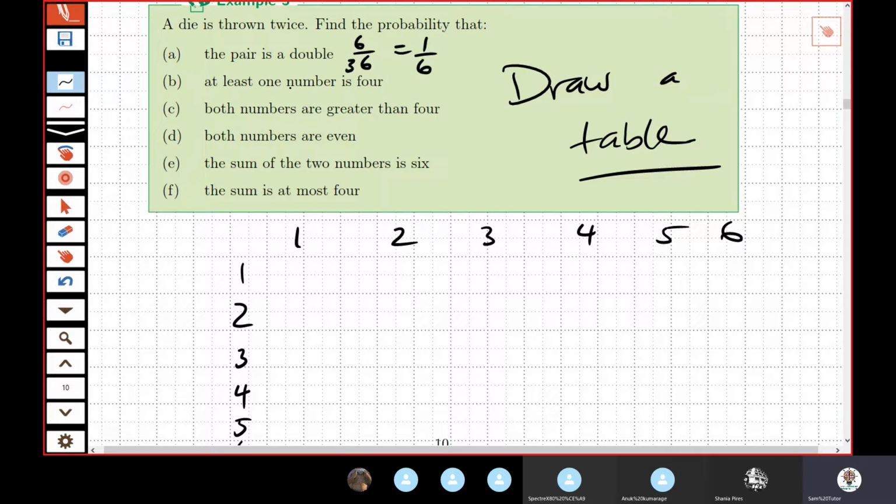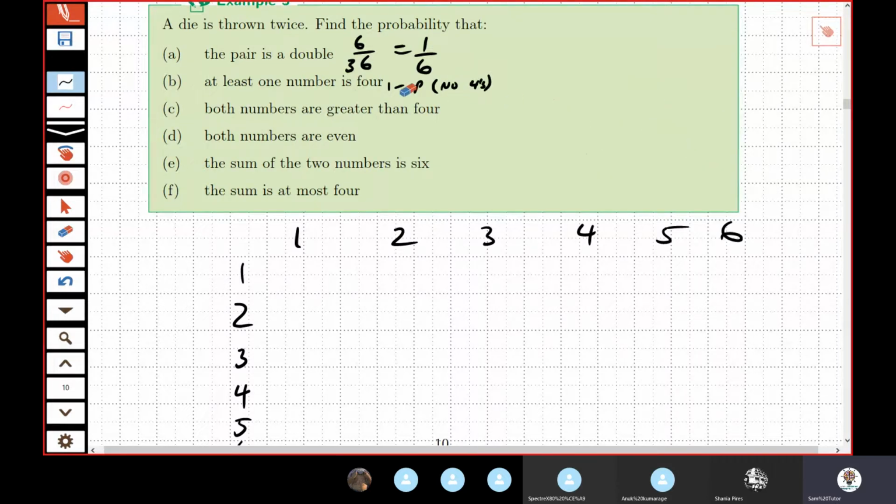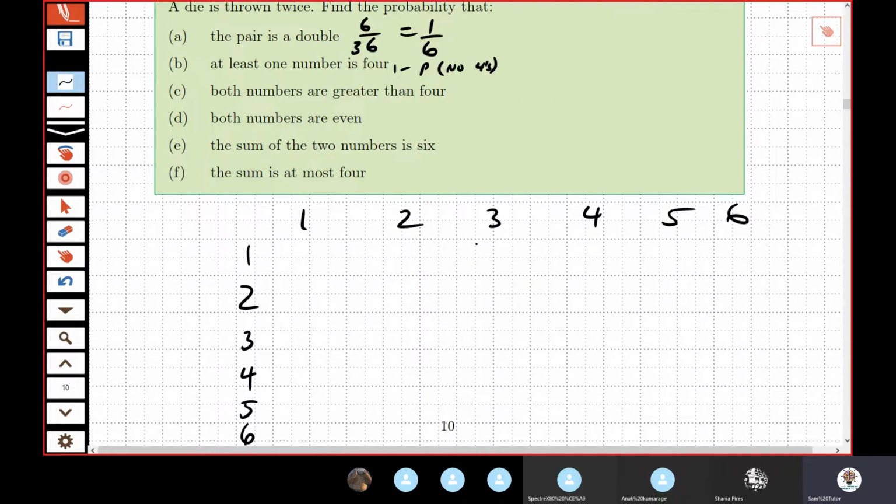To get at least one number that is a 4, that's like saying 1 minus the probability of no 4s. But I think in a case like this, it won't really make a difference. But you could have done 1 minus the probability of no 4s, just so you know. But I don't think we'll need to, because it's almost the same amount of math as me just going to my little table here and going, okay, at least one number is a 4.